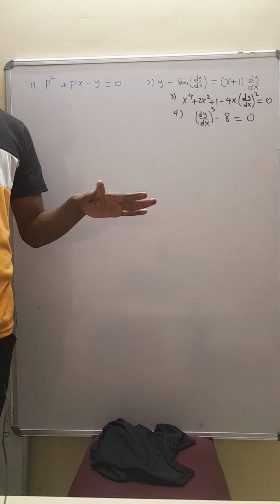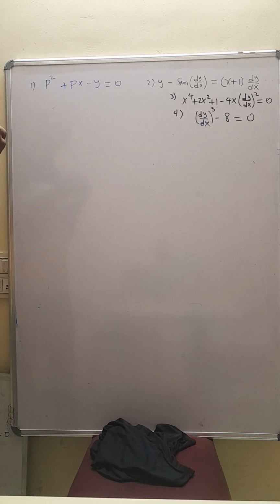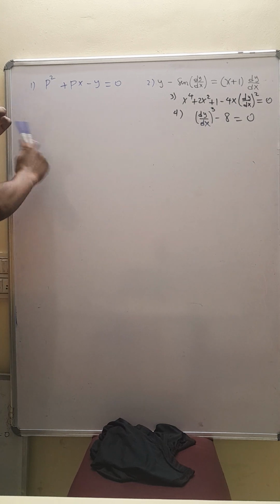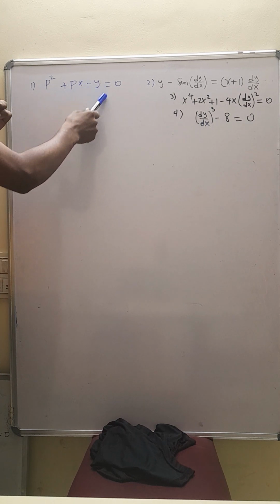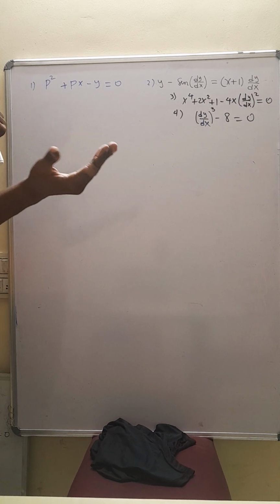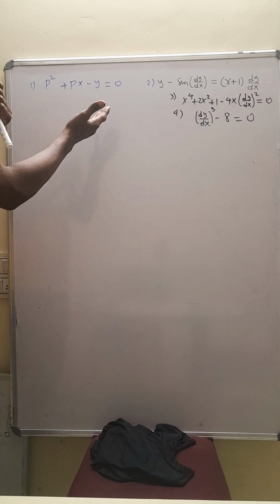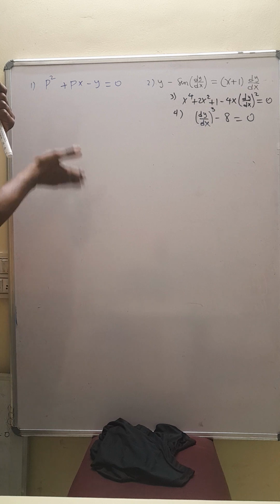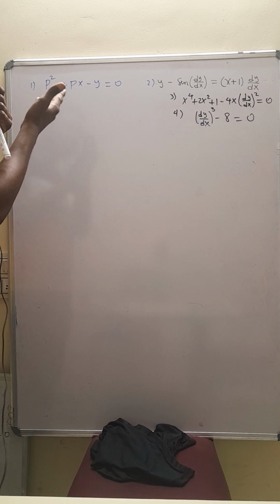Okay, now suppose we have this equation up here. So we have p squared plus px and y minus y. I will solve this equation as I always said, guys. In this expression, you can solve in terms of x or in terms of y.